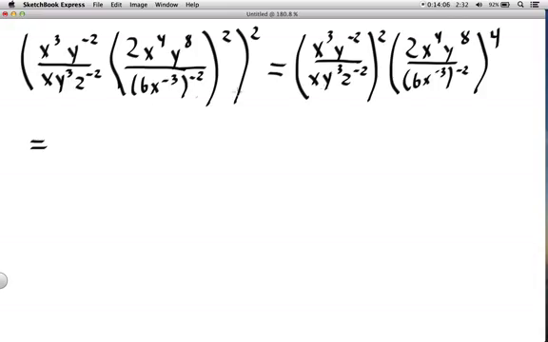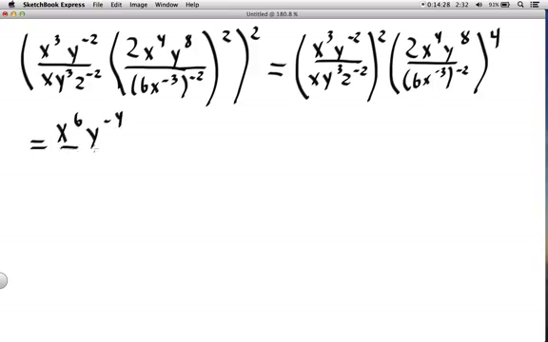Now, let's distribute, well actually, we could distribute everything or we can start canceling out. I think it might be easier to distribute because we have negative exponents here that we have to deal with. So let's just distribute this 2 and get that out of the way.